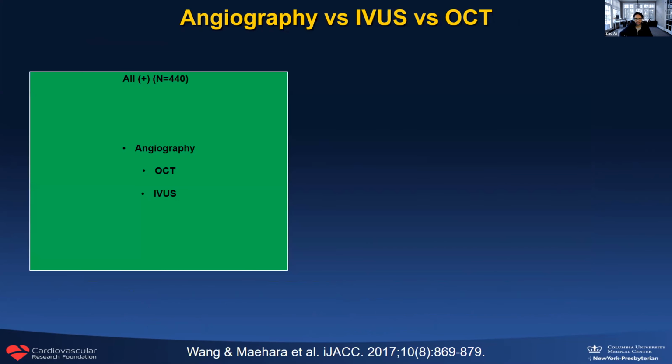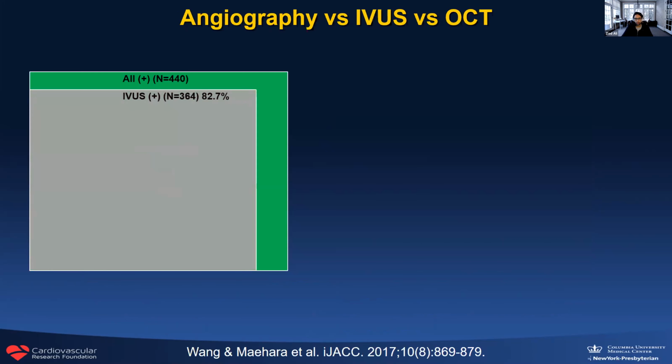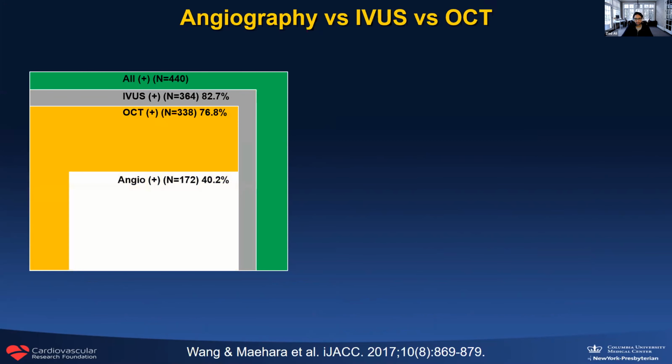Now, this is a very elegant study. In 440 patients, all patients underwent angiography, OCT, and IVUS. Let's see what we learned. IVUS was able to pick up calcium in 82.7% of the 440 vessels. With OCT, we could pick up some calcium 77% of the time.